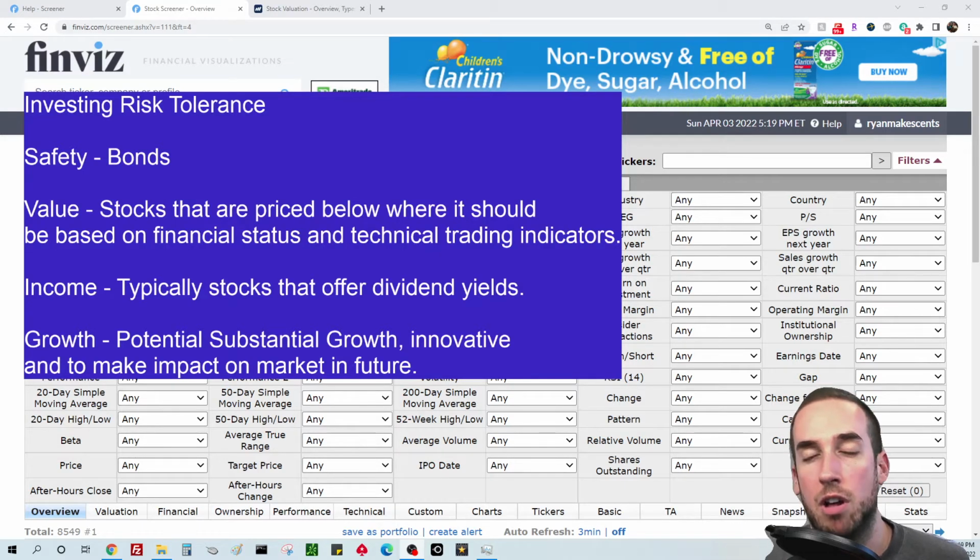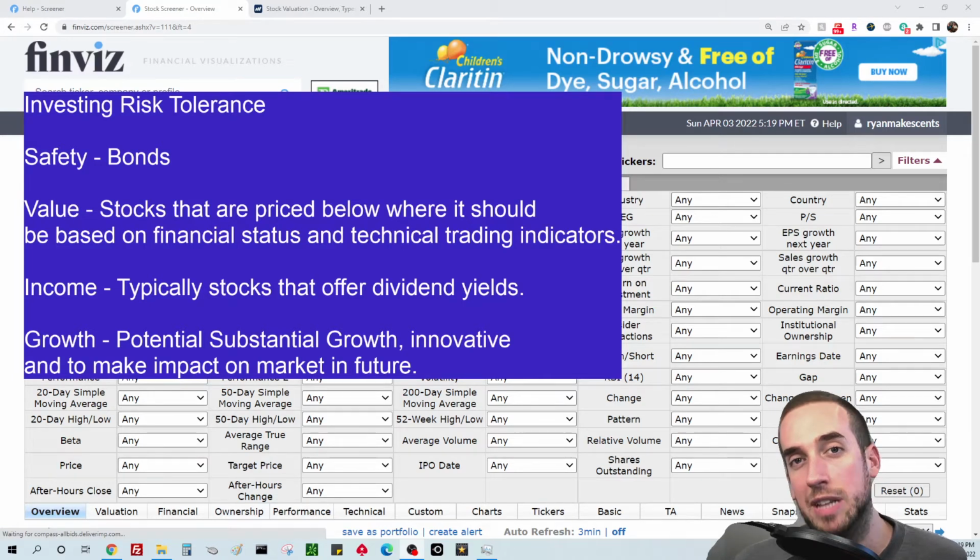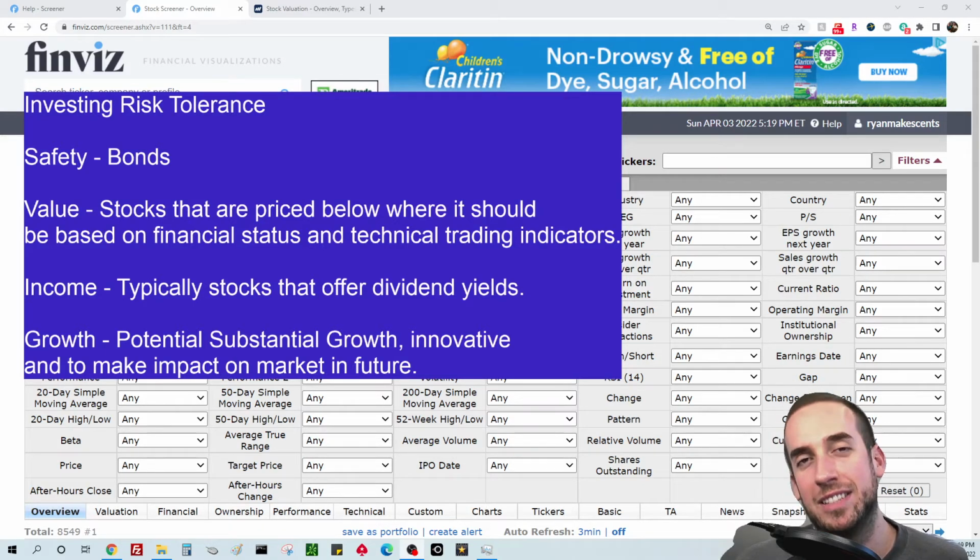So if a company is volatile, it goes up, down, they can weather that versus someone who's 90 who may need that money and cannot stomach seeing their life savings go up 20%, down 30%, up 30%, down 50%, things like that.